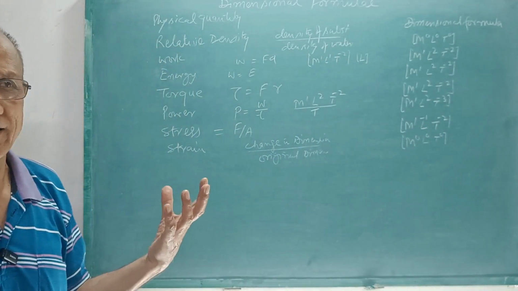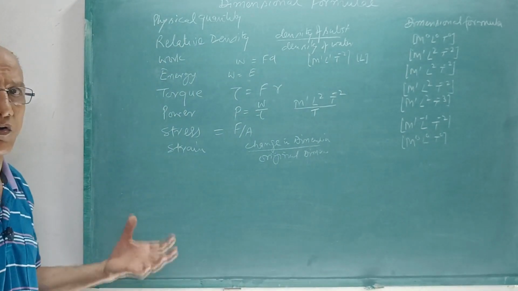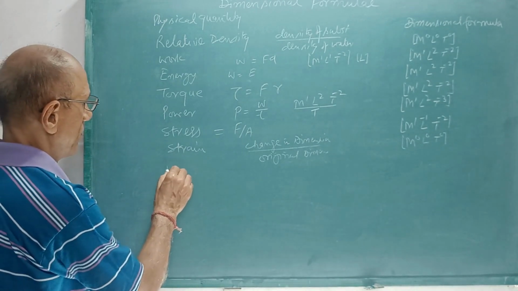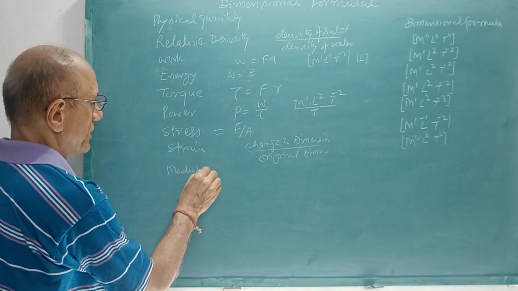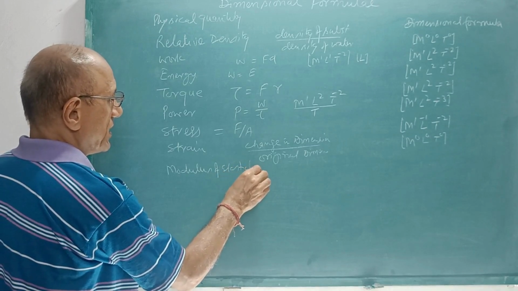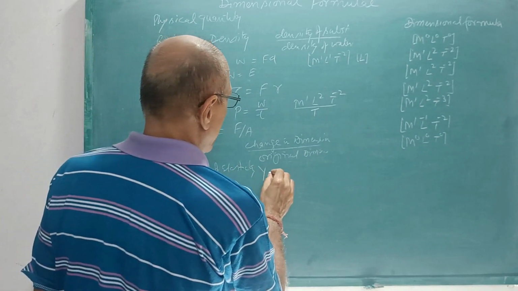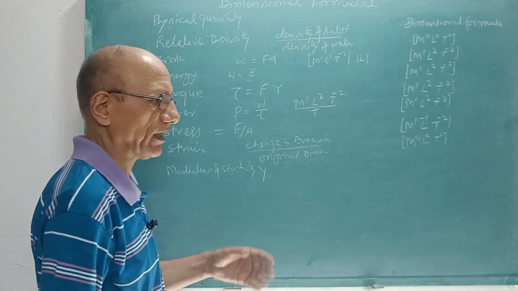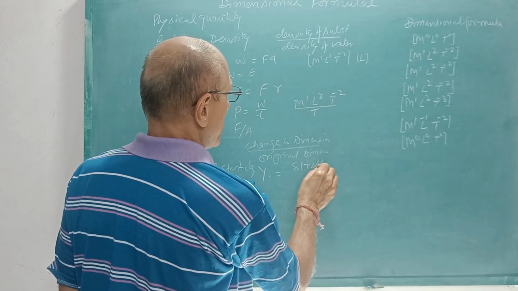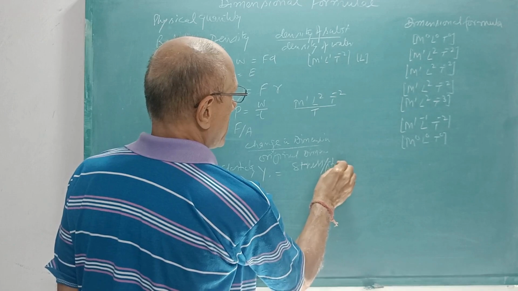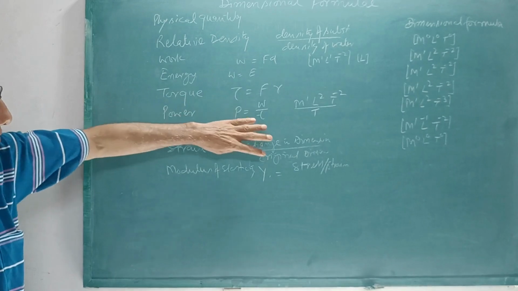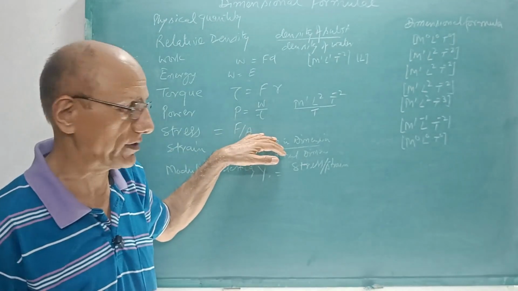Now the modulus of elasticity, whether it is bulk modulus or Young's modulus, all moduli of elasticity, whether it is Y, K or eta, will be stress upon strain. So it will have the same dimension as that of the stress, because strain has no dimensions.